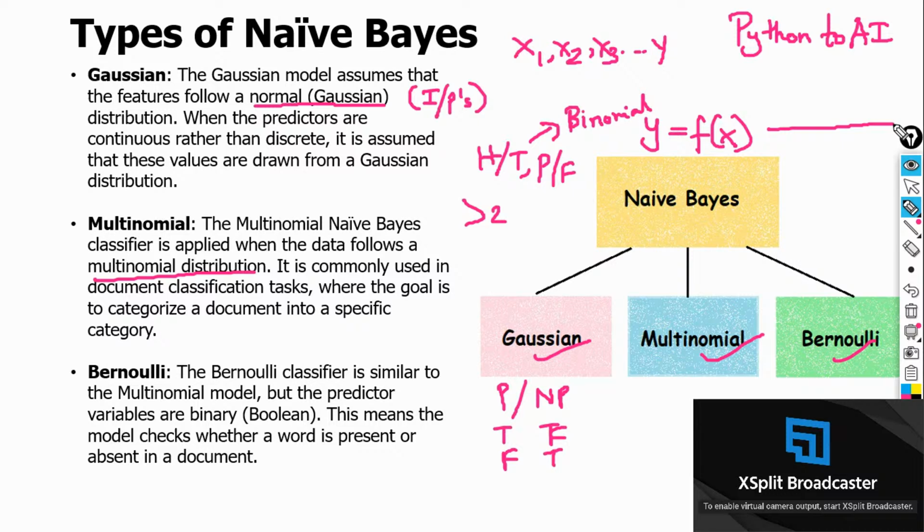Gaussian distribution means, how many of you go to temples? Maximum, all of us, right? Majority of us, yes. If not, all of us, when we are a kid, probably in our school, there would be a bell in our school. Are you able to recollect how the bell shape would be like? Probably like this.